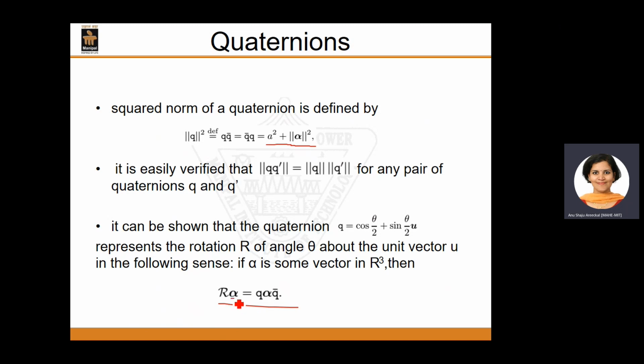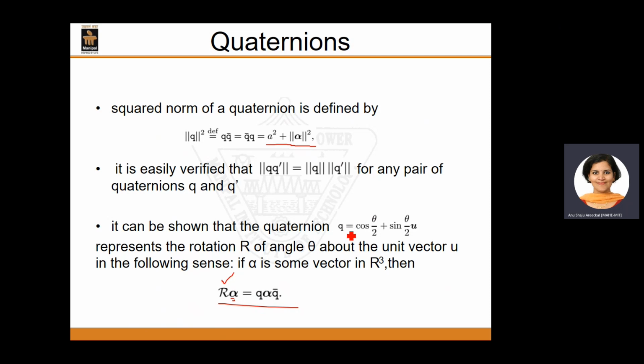Let's say I have a vector quantity, and let's say R is a rotation matrix. If I multiply this vector quantity with a rotation matrix, I can also represent it as q alpha q bar.